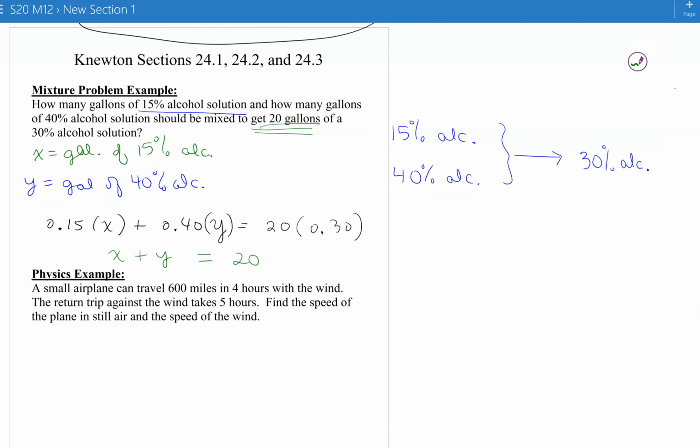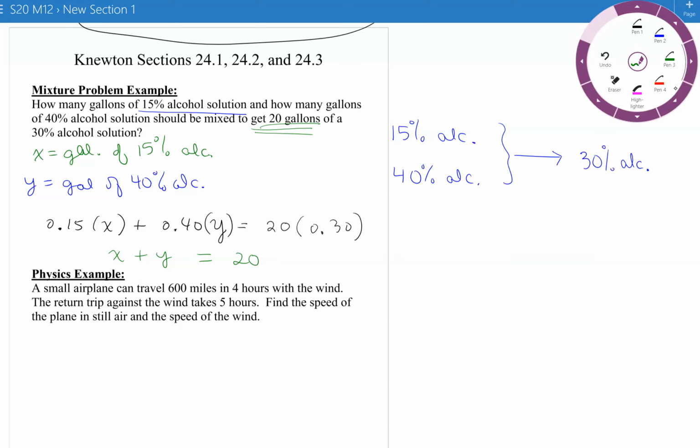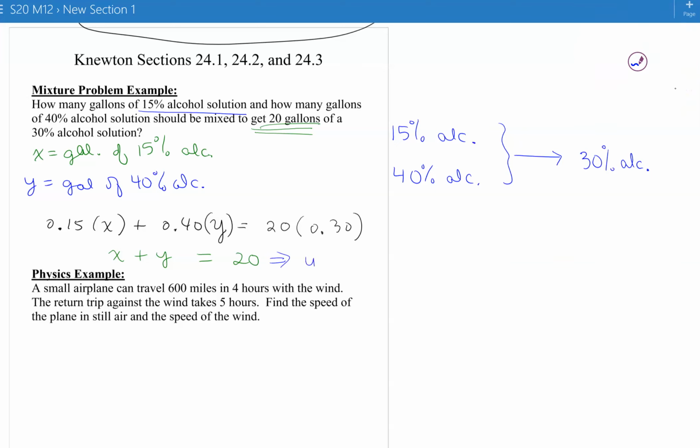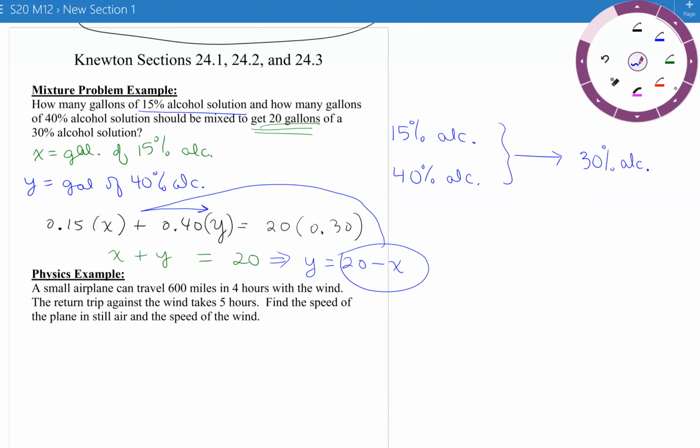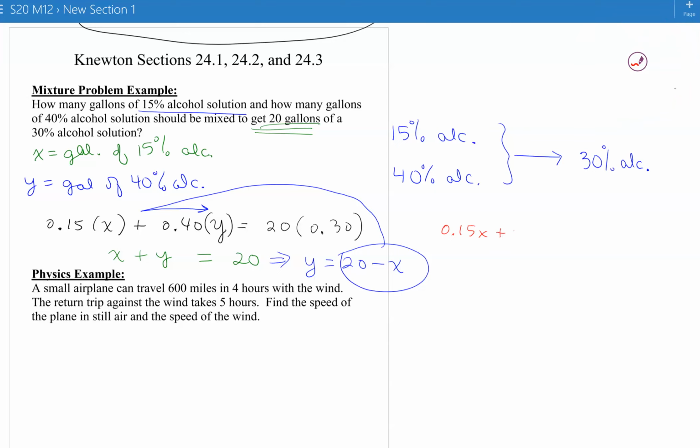So many times these equations are easiest to use the substitution method. So you could say y equals 20 minus x. And then put 20 minus x in here for the y. So we'd have 0.15x plus 0.40 times 20 minus x.